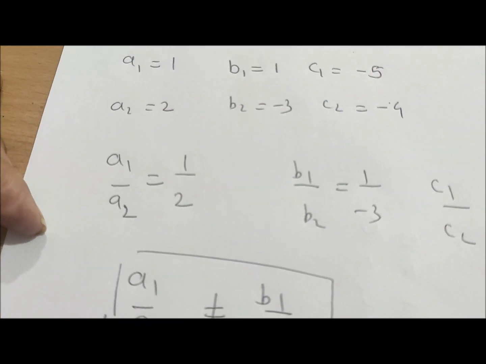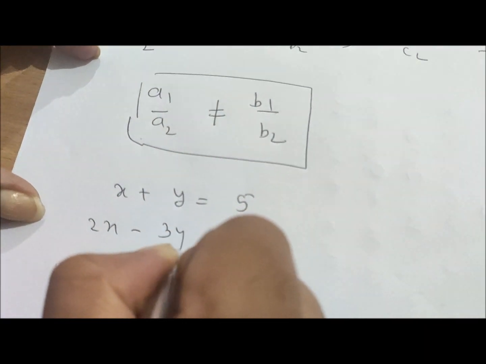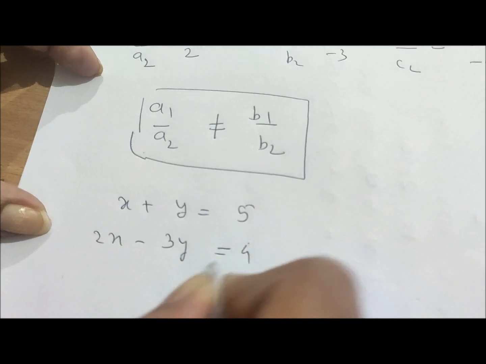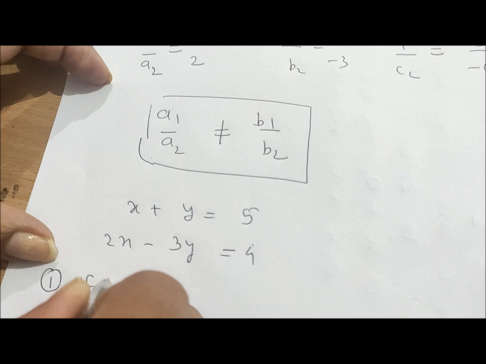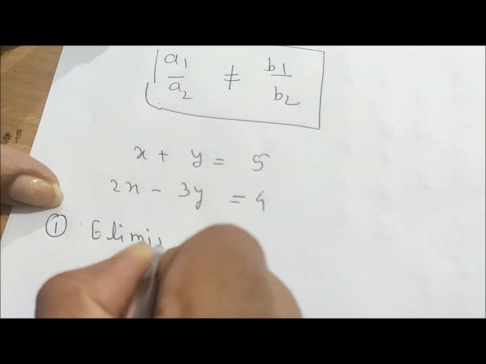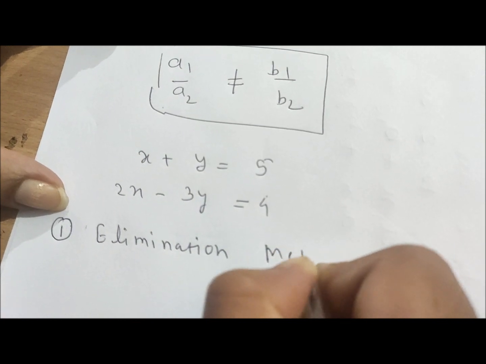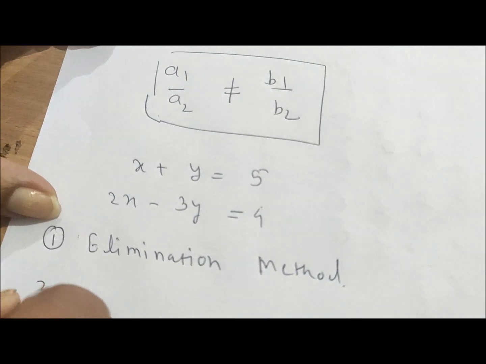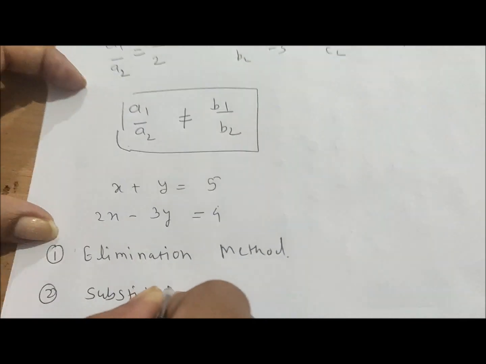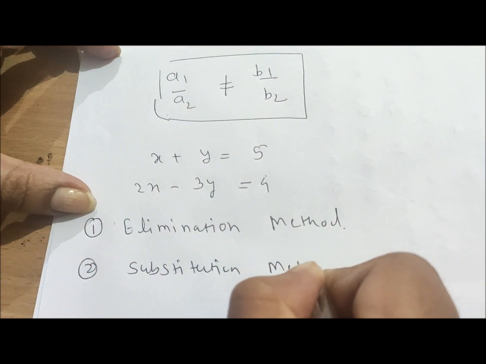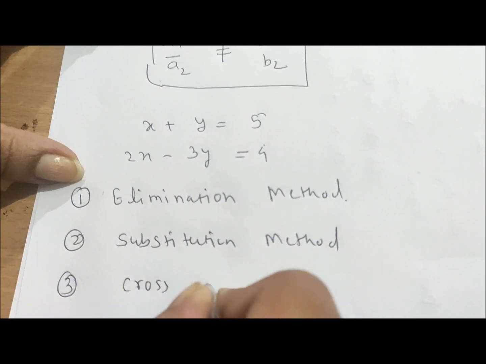Now how will we find the solution of this equation? We can find the solution by many methods. There are 4 to 5 methods by which we can find the solution. The first method is the elimination method. In the elimination method, we will eliminate one variable and then find the solution. The second method is the substitution method, and the third method is the cross multiplication method.